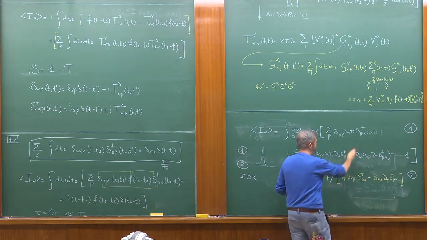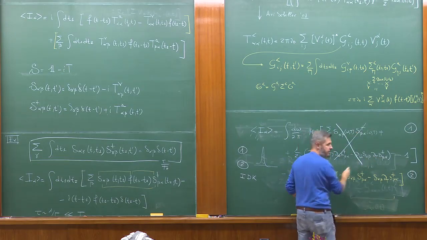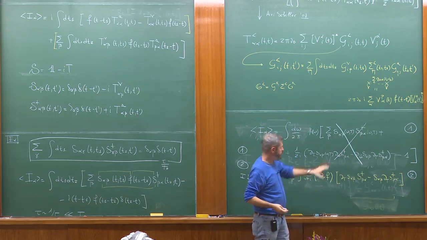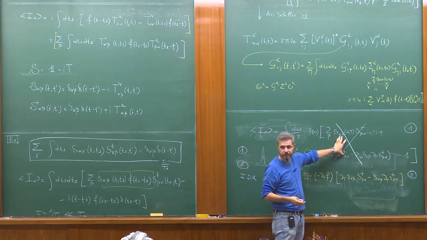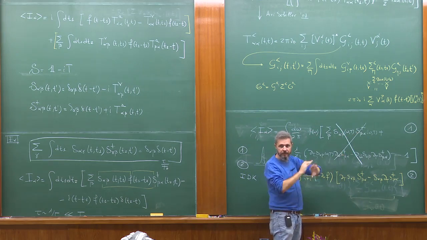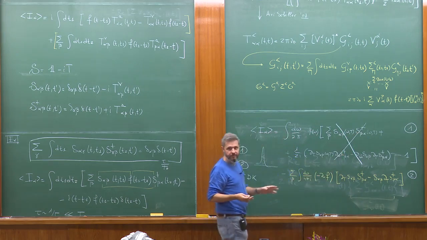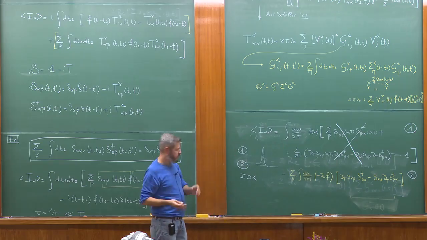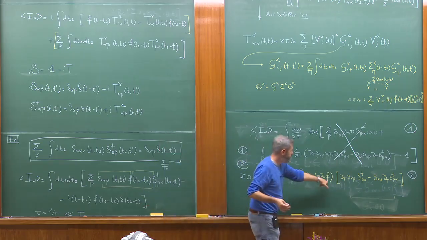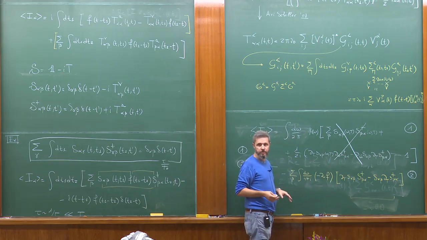And therefore, this is gone. In the same order in the gradients, what is sitting here is nothing but the unitarity of the S matrix. So everything is consistent, physics-wise. And only electrons close to the Fermi energy are contributing to transport. Okay?